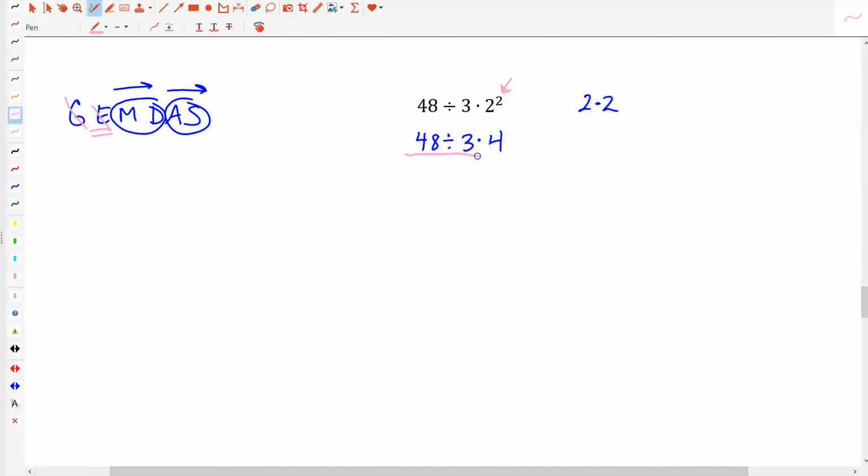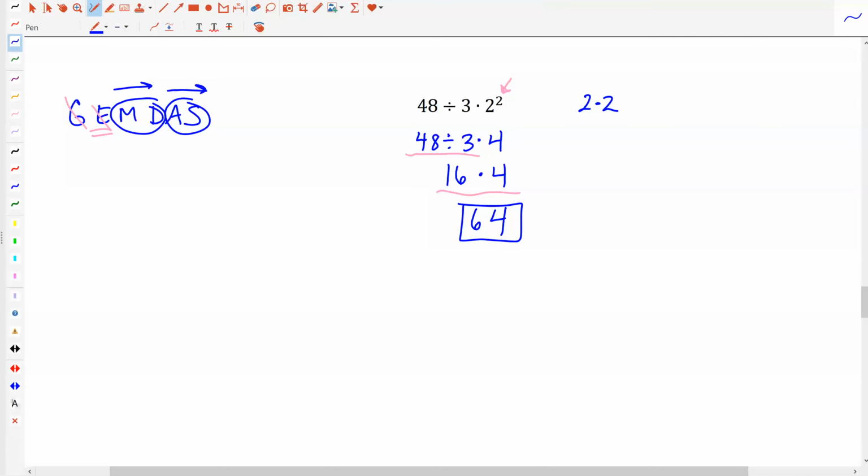So 48 divided by 3 is 16. And we'll carry down the times and we'll carry down the 4. So now that I've done the division, the next step would be this multiplication. So then 16 times 4 is 64.